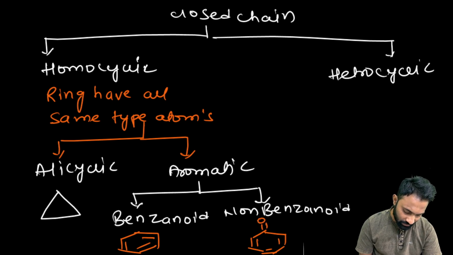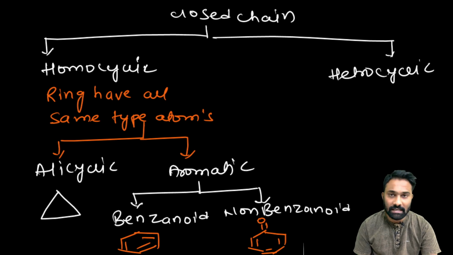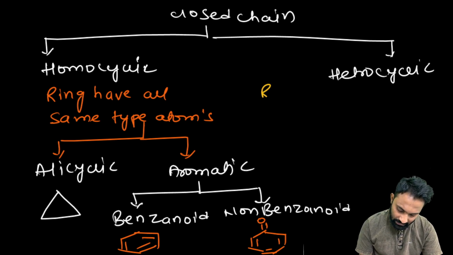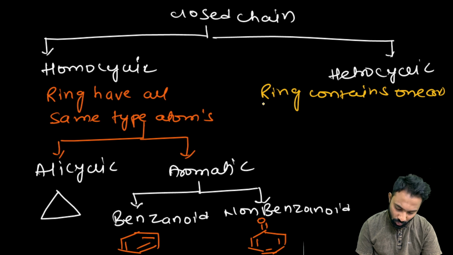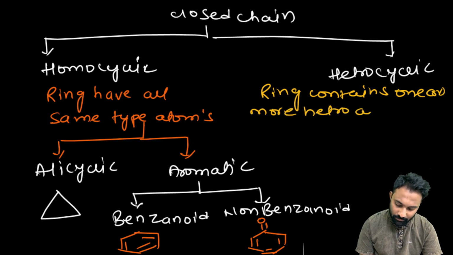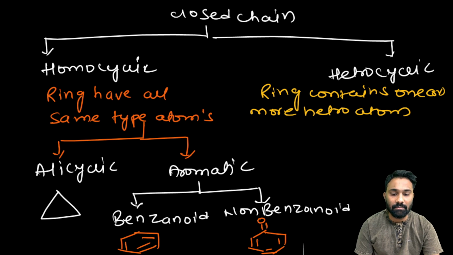Now, what is the meaning of heterocyclic? Heterocyclic is nothing but a ring containing one or more heteroatoms. Heteroatom means anything other than carbon.